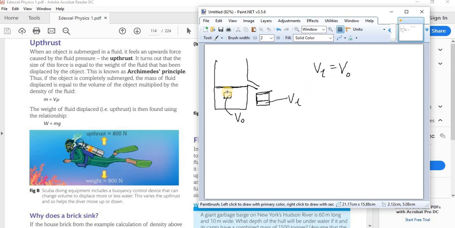The reason is that when you add the object, the rise in water level is equal to the volume of the object. You have already learned that. One way of measuring the volume of an irregularly shaped object was to add the object into a measuring cylinder containing water. You have learned this in the O-level classes. We have measuring cylinders of different sizes.